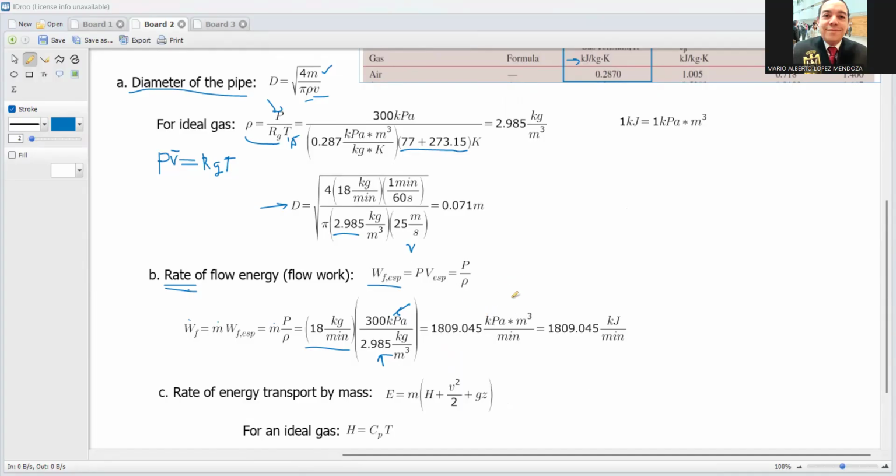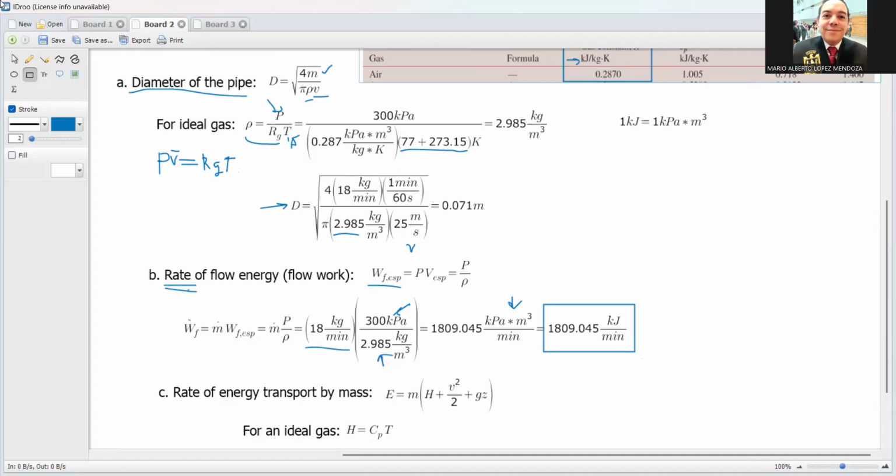Remember that this product, kilopascal times cubic meter, equals kilojoules, sorry. So the result is this quantity in kilojoules per minute.